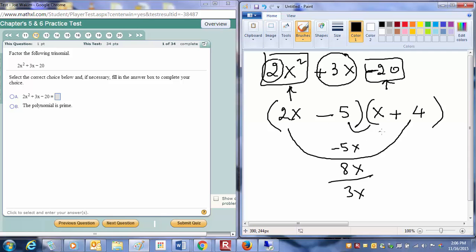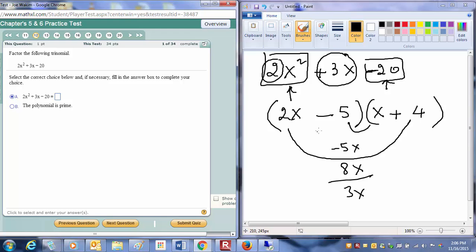Finally, you have to match so that you get the middle term 3x, like in this case. I had to switch around the 4 and the 5 until I got the 3x as the sum of the outer and the inner. The outer is 8x, the inner is negative 5x. 8x minus 5x is plus 3x. The best way to learn this material is with practice. Make sure to practice as much as you can of this material.